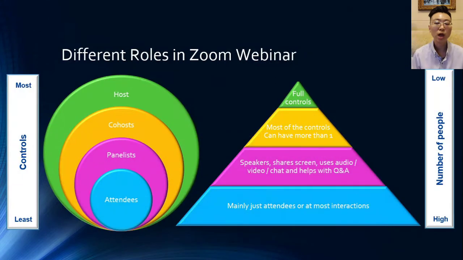So what we have here are the different roles in Zoom. You'll see the 4 different colors, so we have 4 different types of roles here: the host, the co-host, panelists, and the attendees. From the left side, we have the roles, and on the right side are the relative descriptions with matching colors.